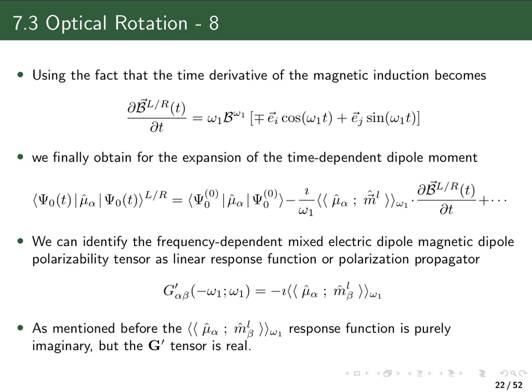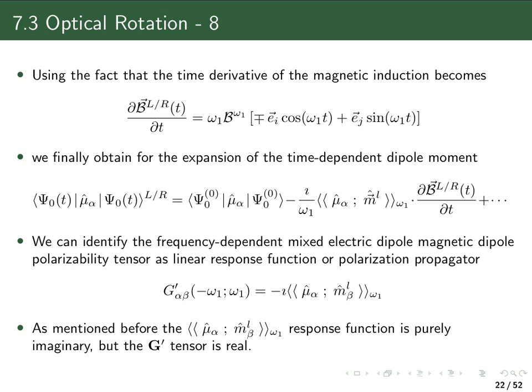It is the response function where we have as the first operator the electric dipole moment operator and as the second operator the magnetic dipole moment operator. And because the electric dipole moment is a real operator, the magnetic dipole moment is purely imaginary, this response function is going to be purely imaginary. But because we have an i in front of it, the G prime tensor is going to be real.